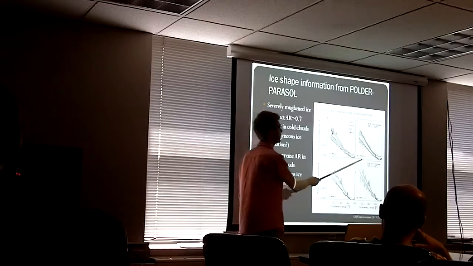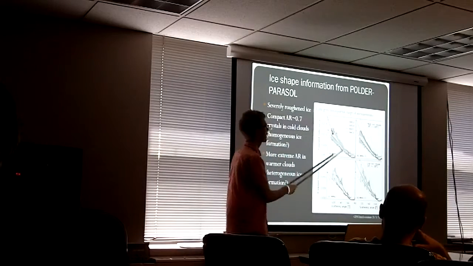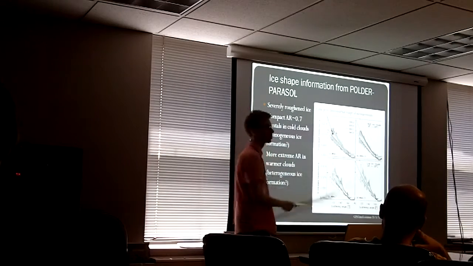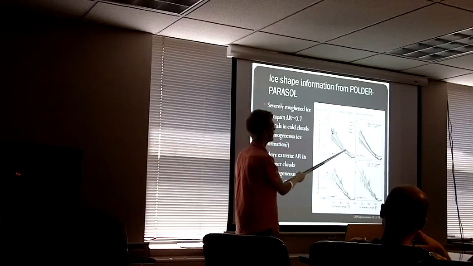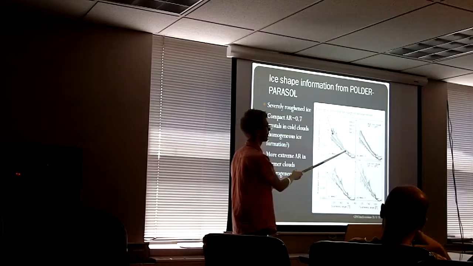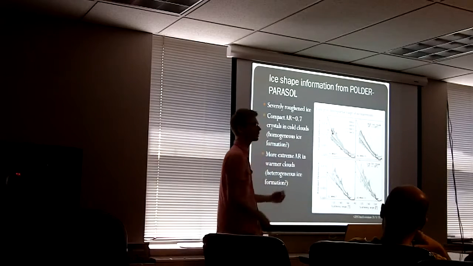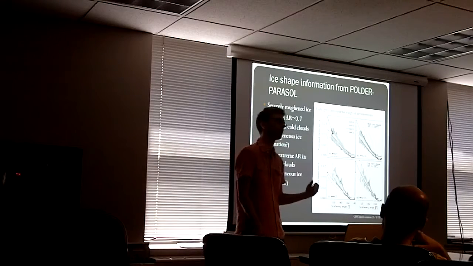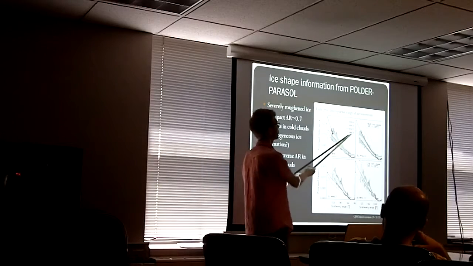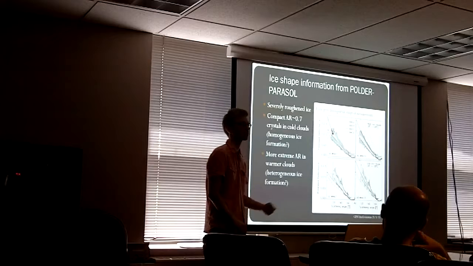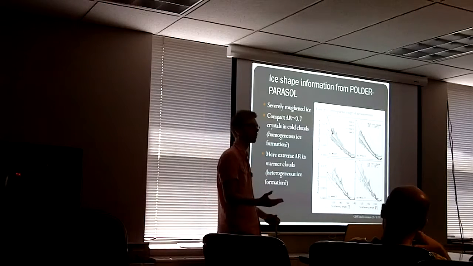This is 0.15. And for different distortion parameters. What you can see here is that for these cold clouds, the best fit I get is for aspect ratio 0.7, so quite compact, and roughness of 0.6, which is a quite severely roughened particle.